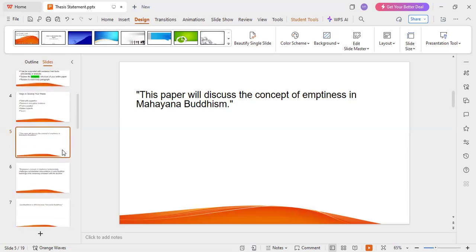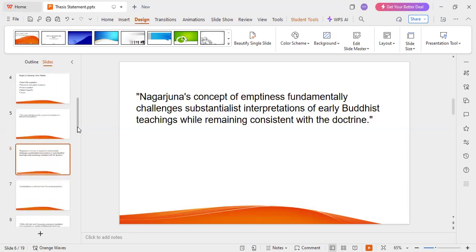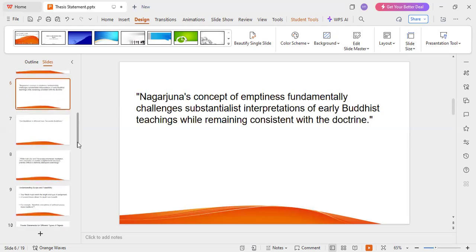But if we move to this one, what about this one? Here, this writer is specifying Nagarjuna's concept of emptiness, so you are narrowing down your focus. There is a specific claim there: Nagarjuna's concept of emptiness fundamentally challenges, and here we can refer to this idea as well.